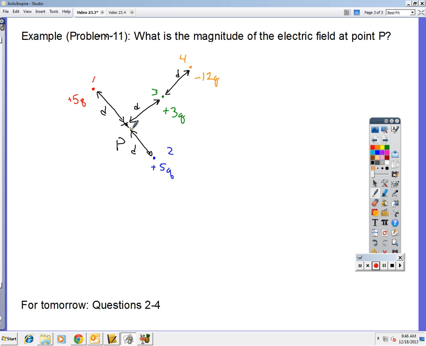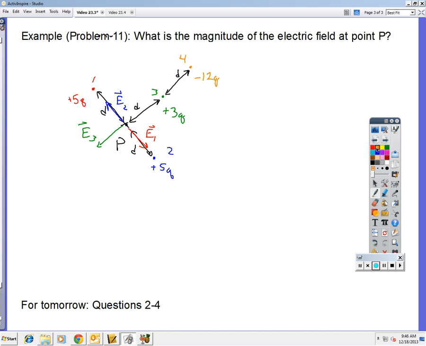Now if we draw the magnitudes of the fields, the field due to charge 1 is going to point that way. The field due to charge 2 will point away from charge 2 because it's positive. It points that way. Field due to charge 3 will point away from charge 3.